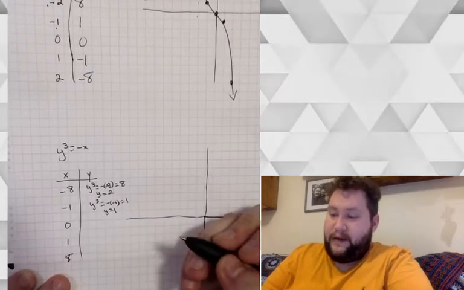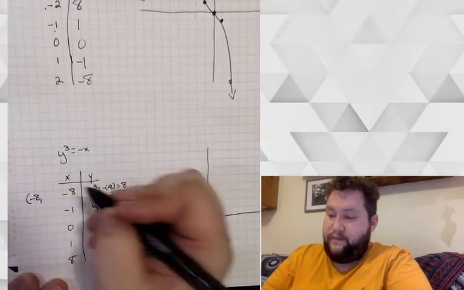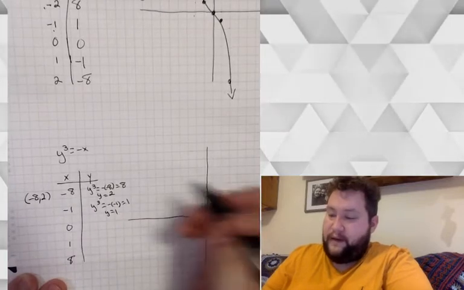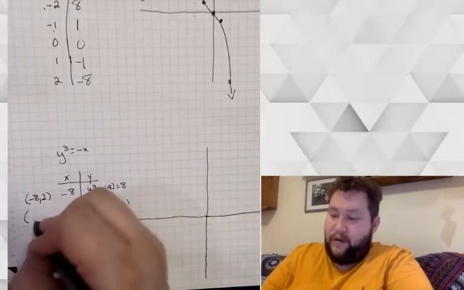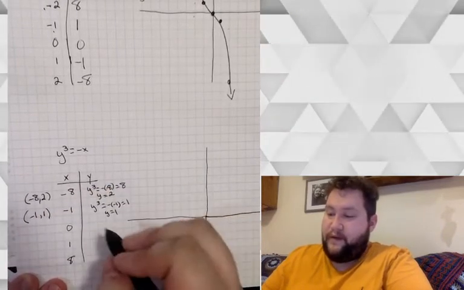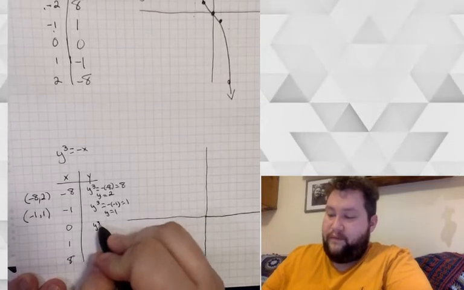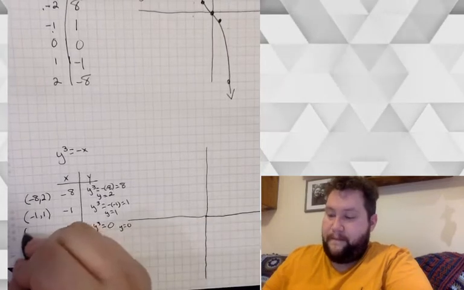So we have our point negative 8, 2. Then we have our point x equals negative 1, y equals 1. At 0, y cubed equals 0, so y equals 0. So our point 0, 0.